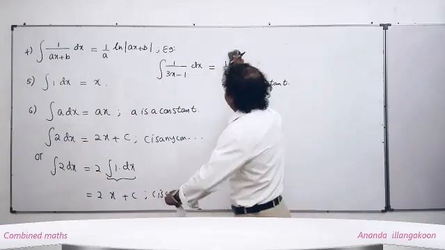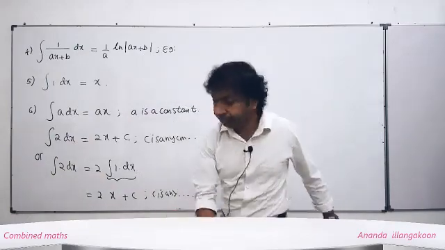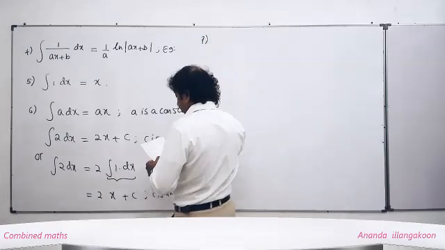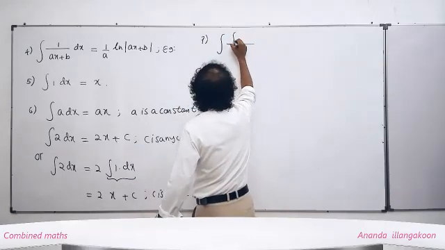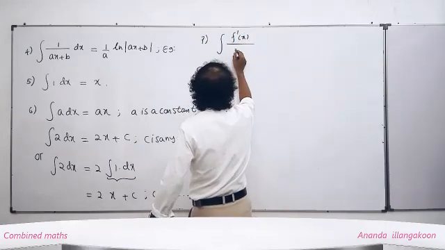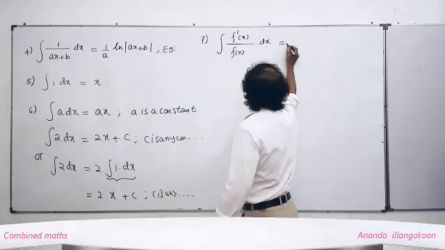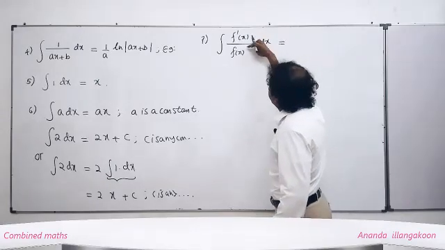Number 7. Suppose we have something like this: f dash x divided by f x dx. What is this form? In the denominator, we have a function f x.